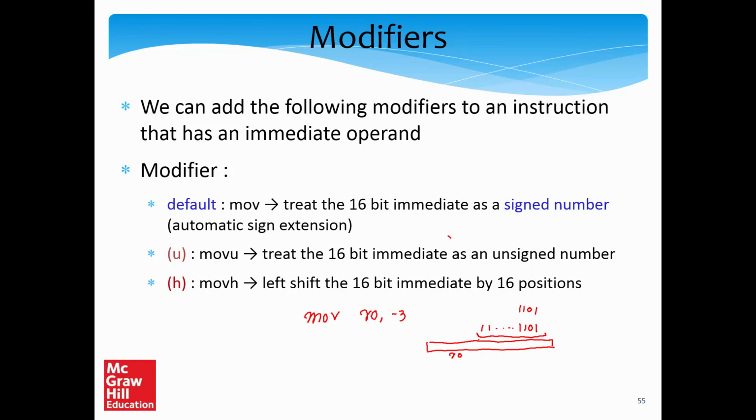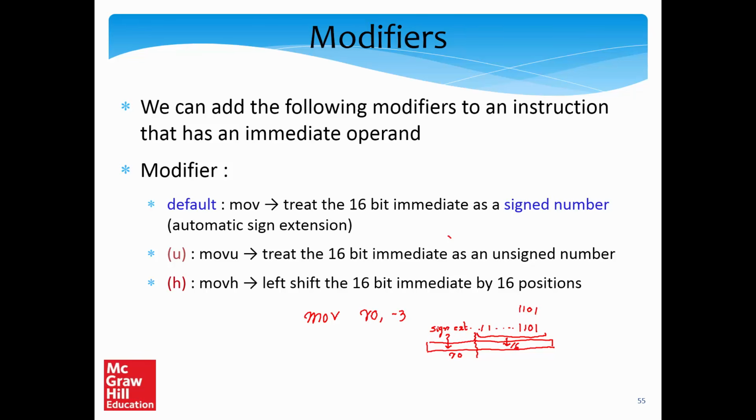The default behavior is that the contents of the immediate are moved to the lower 16 bits, and the upper 16 bits is just a simple sign extension. So it preserves the sign of the immediate. This is the default behavior which all of us expect, that a sign extension will happen.